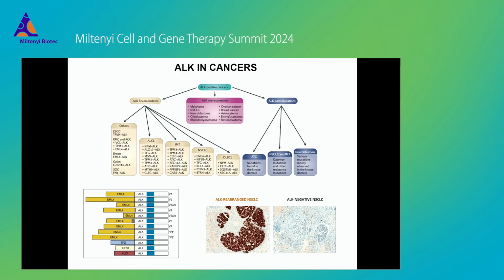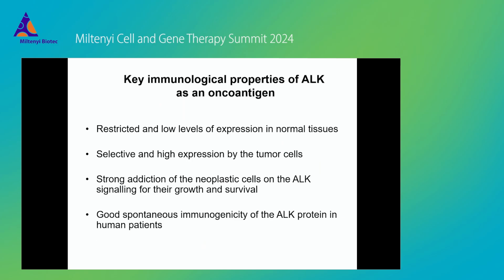We are particularly fond of this oncogene because we thought that several characteristics made it an ideal target for immunotherapies. First of all, as I said, it is an oncogenic driver, so it's not just a passenger.